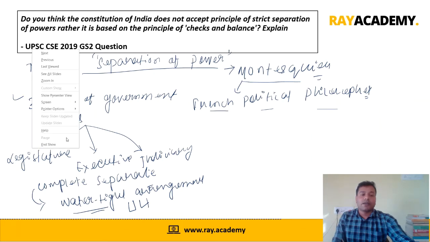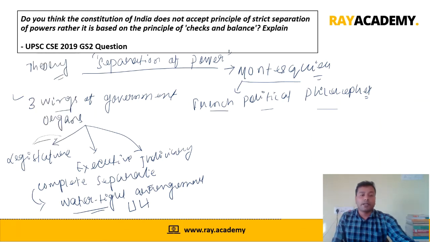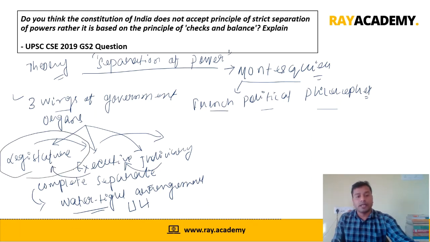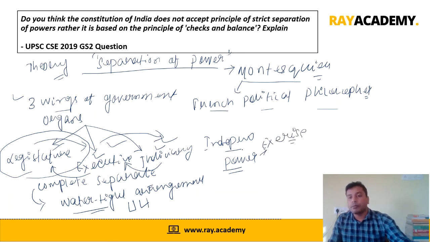Legislature cannot interact with the executive. So is the case for judiciary. Judiciary cannot interact with the executive. So is the case for legislature, which means legislature, executive, and judiciary have to work independently. Remember, these all are powers. So they will exercise their power independently, completely.